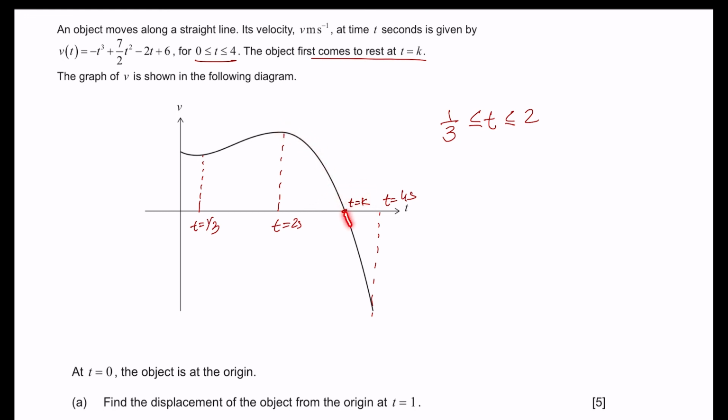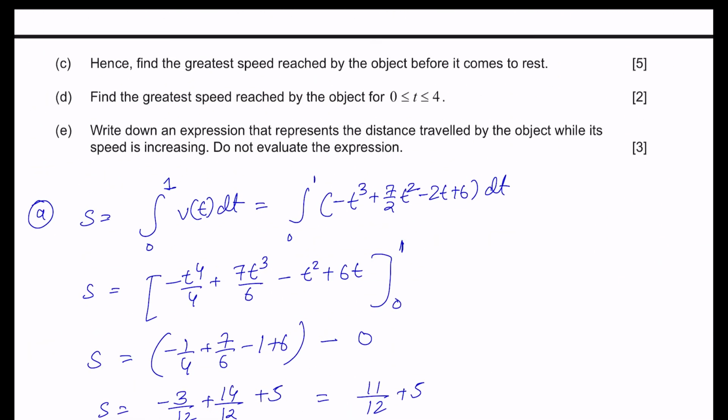After 0, it starts going in the opposite direction with negative velocity, right? So the speed is increasing here, and speed will increase from k to t equals 4. So these are the two intervals where speed is increasing.